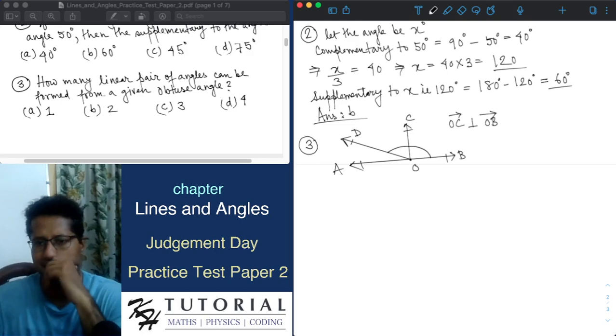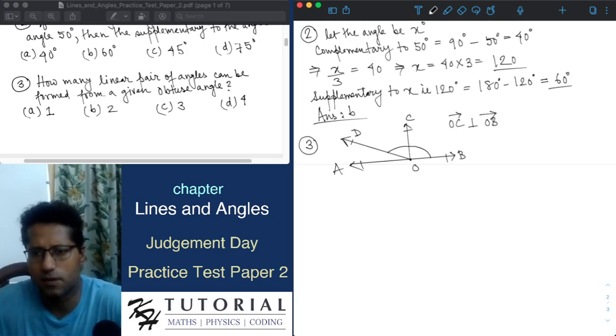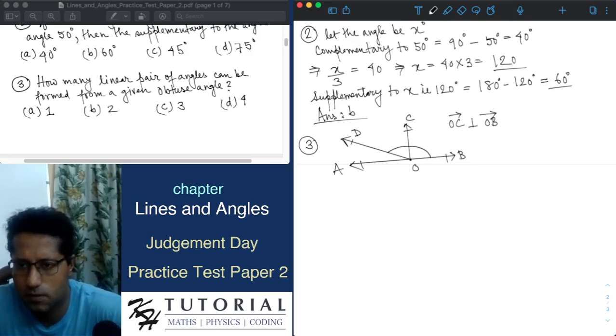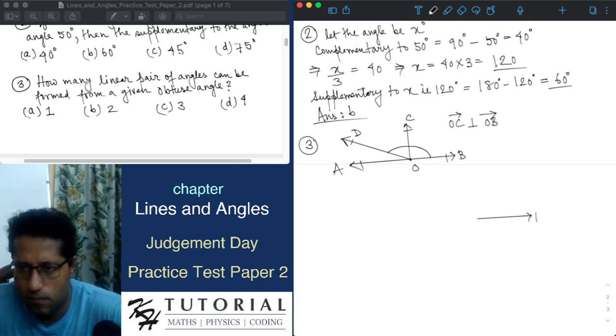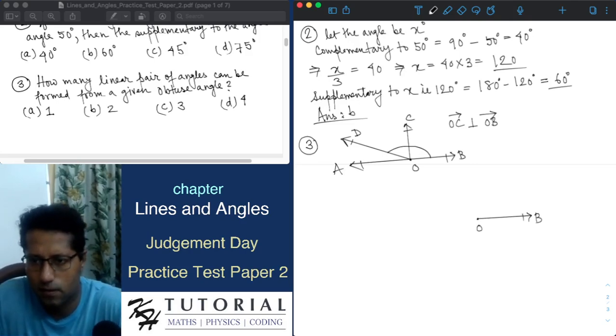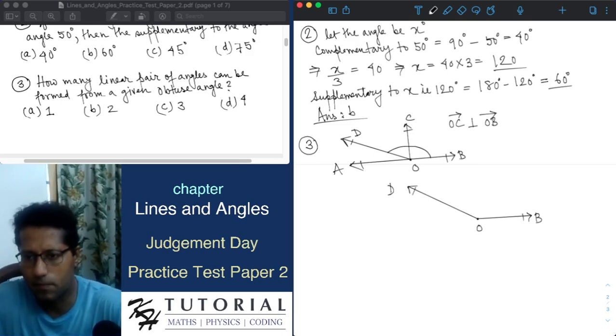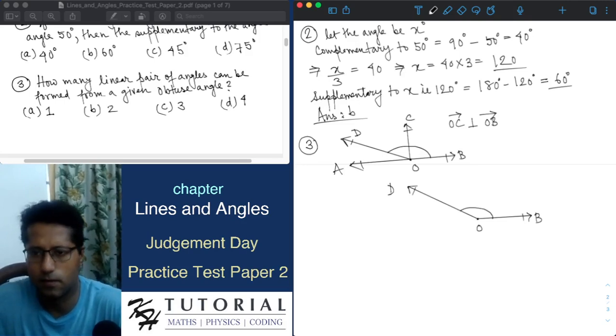Of course, we can make the angle. Let's say, only now consider only OB. So we have an angle BOD. This is an obtuse angle.